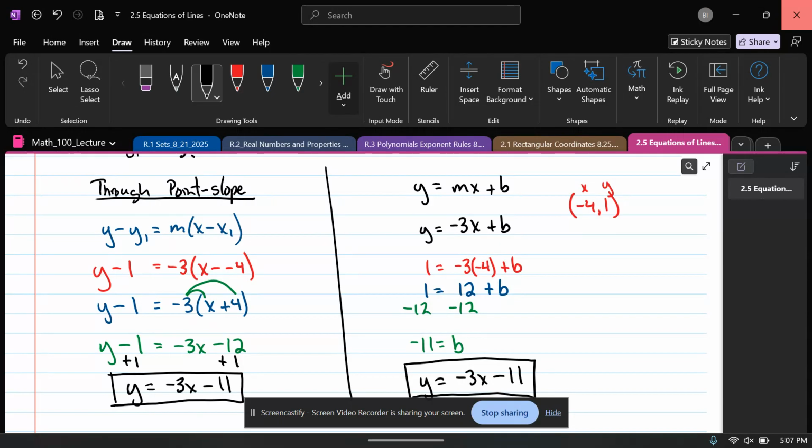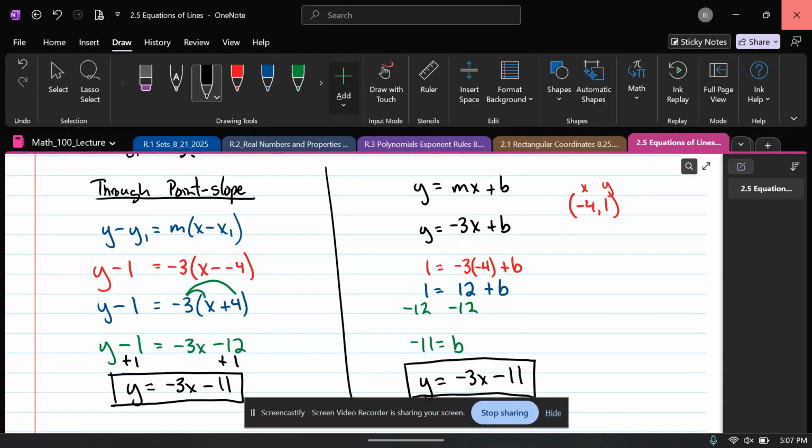The reason I don't do it the other way most of the time is because I'll always have students that will make a sign mistake right there, or they will forget to go back and rewrite their answer at the end. With point slope form, I have to write my answer at the end because I did the work to get there. Here, I did the work and I got b by itself, and I feel like I'm done, and I forget to write y equals mx plus b out of that.